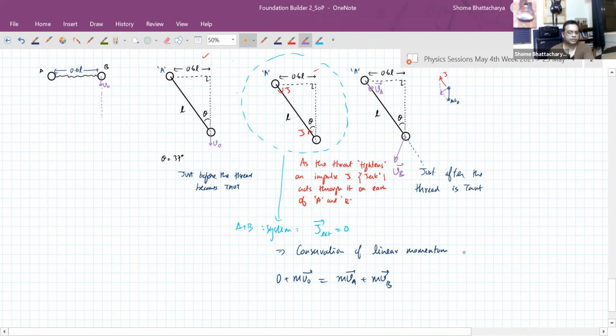So conservation of momentum, when we apply this now, will give us two individual component equations. But we will need a third equation also, because we don't know the direction in which this VB is there.